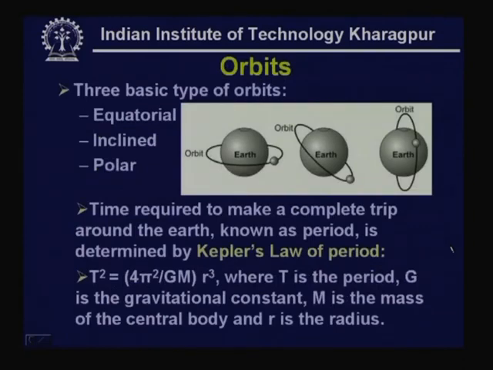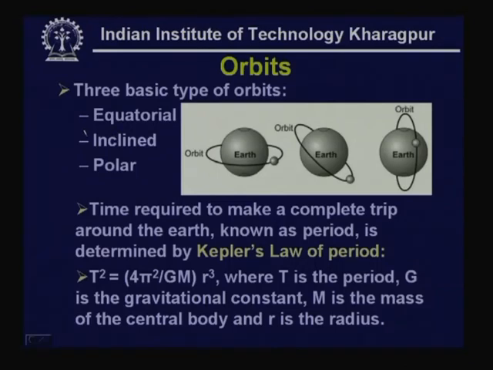So, first we start with orbits. Although the number of orbits is very large in satellite communications, they can be broadly categorized into three types. The first is equatorial. As you can see here, this is the equatorial plane, and these are the poles.